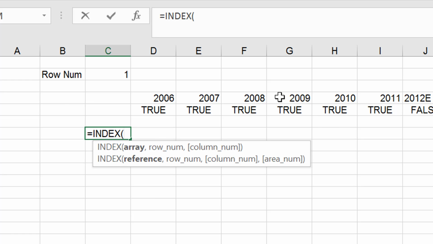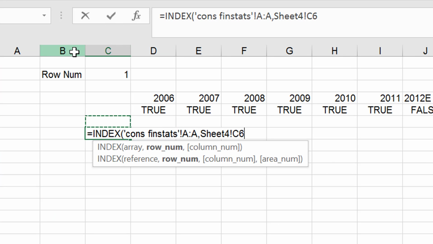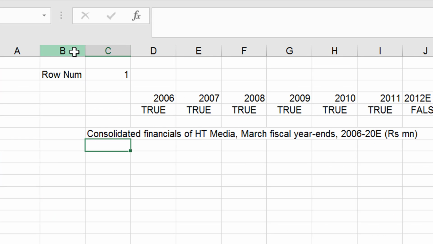I haven't done this for maybe a year. Yeah, I've done this recently probably. And then we put a comma, and then you just go back to the thing, and that's our row number.